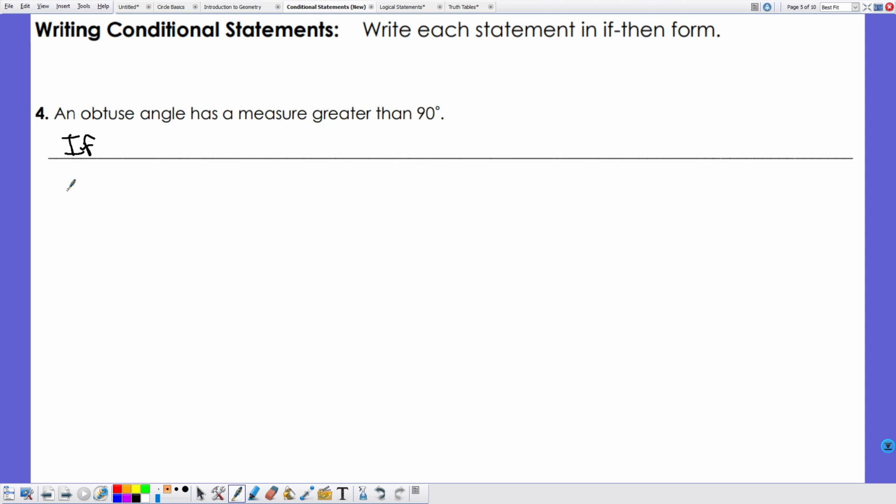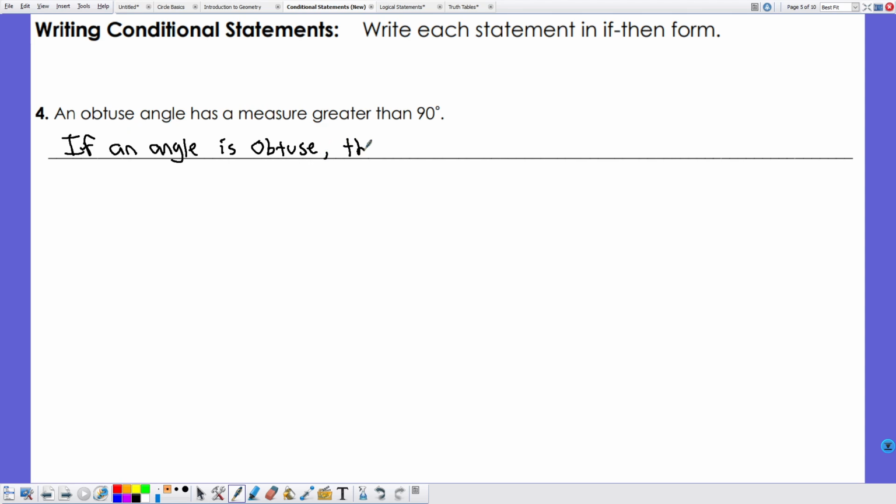So we could say something like, if an angle is obtuse, well, then we can conclude it has a measure greater than 90 degrees.